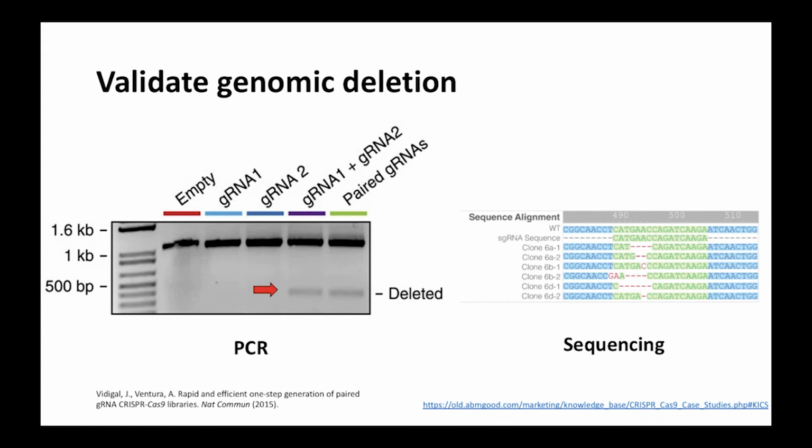Most papers don't usually show the sequencing data, but this is an example of something you might see where there's a wild type sequence and then several clones are sequenced, and you can see where there are mismatches or where there have been nucleotides that have been removed.